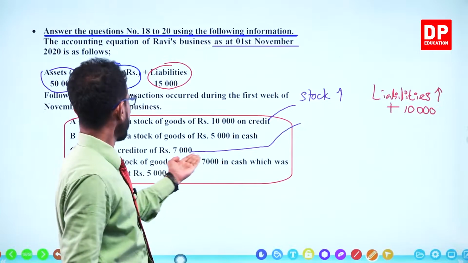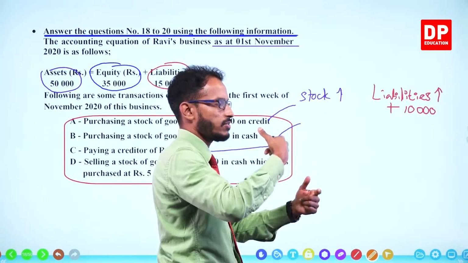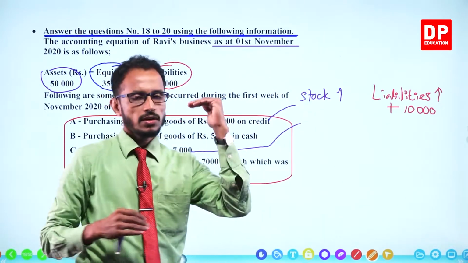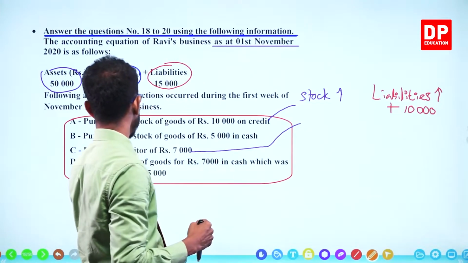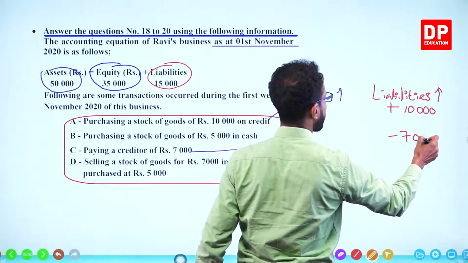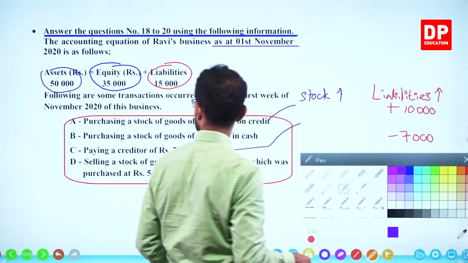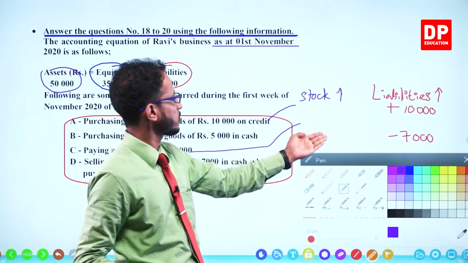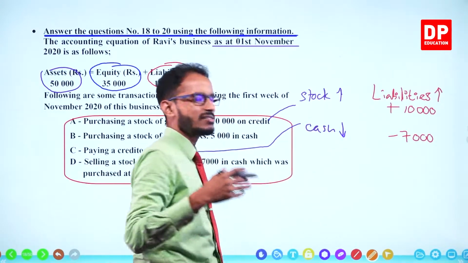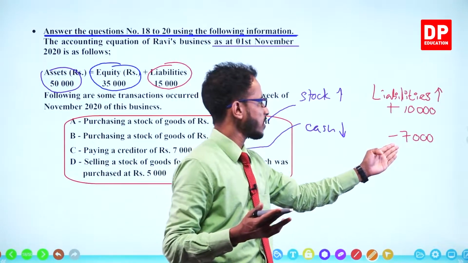Because of paying a creditor, we pay money we were owing him, so the liability goes down by 7,000. Cash also goes down, but that doesn't matter now; we are only looking at the effects on liabilities. 10,000 increase, 7,000 decrease.